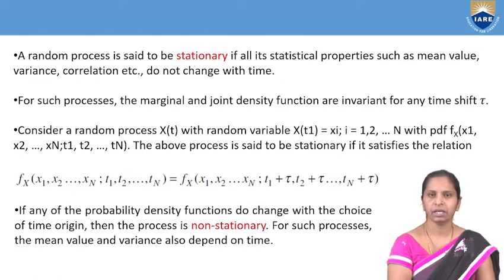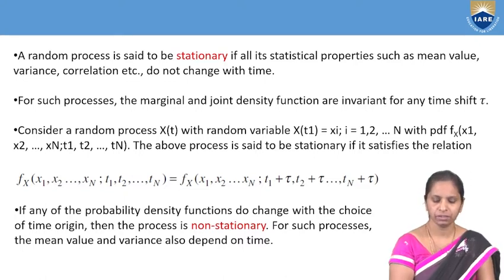The definition is: a random process is said to be stationary if all its statistical properties do not change with time. Here, what is a random process? It is a function of both the outcome of the experiment as well as the time. So, you can simply represent it by x of t.